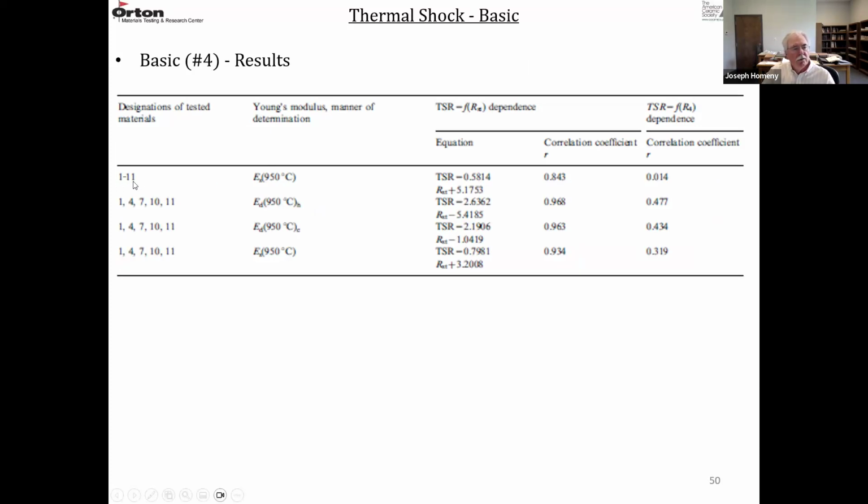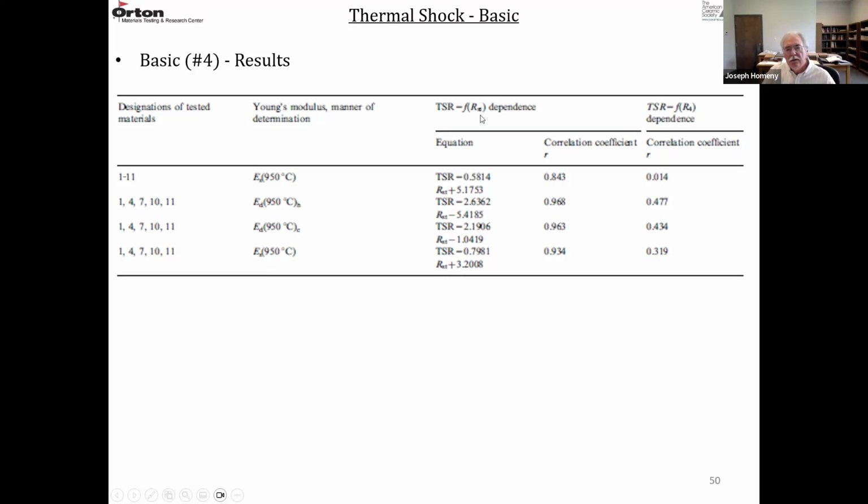So this is 1 through 11, all 11 materials. And then these are the materials I just showed, 1, 4, 7, 10, and 11, that had the dynamic modulus measurements. So for Young's modulus, the first line here, all 11 materials, this is the static modulus at 950 degrees C. And then these other ones, this is dynamic heating, dynamic cooling, and then this one is static at 950 degrees C for these five.